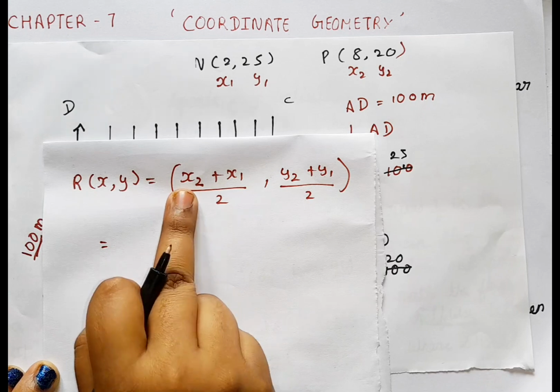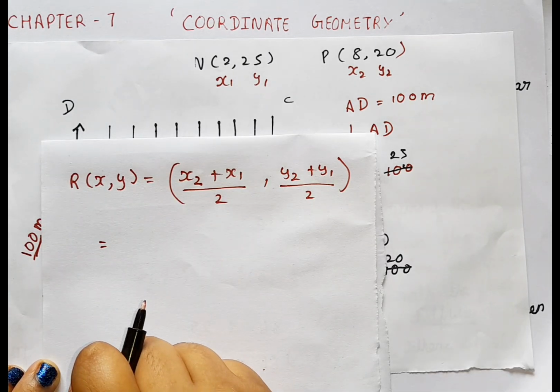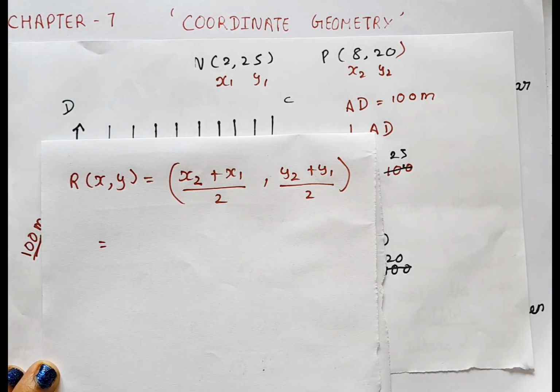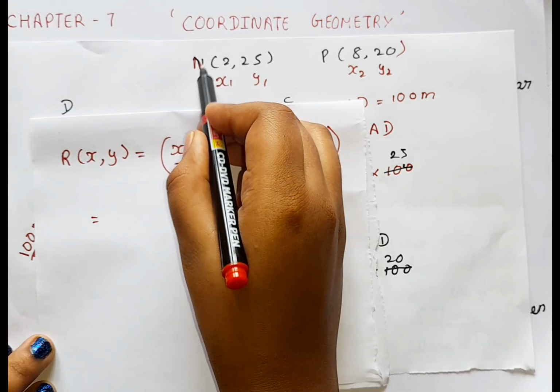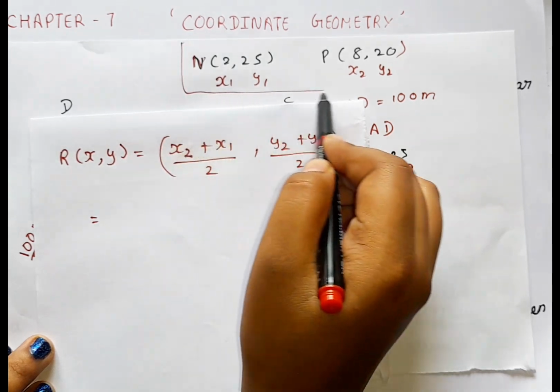And here, what about the x2 and x1 value? So here it's going to be easy to find. To find this also we are going to be using the Niharika and Preet's values.